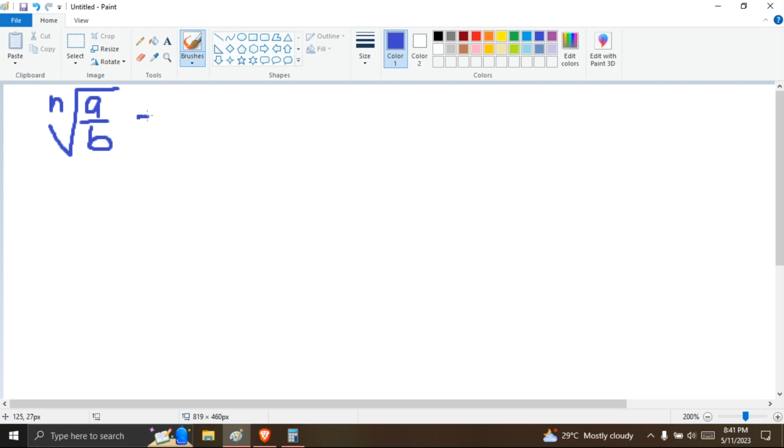That is equal to the nth root of A all over the nth root of B. So somehow it is similar to the second law, right? It is just that A and B are separated, and each has its own nth root. The numerator has an nth root and the denominator has an nth root.